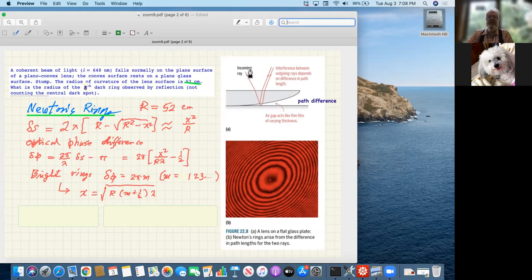Now, we're really going to consider incident light perpendicular to the flat surface of the lens. That's not what the diagram shows, but that's the simplest case. So the incoming light is perpendicular to the flat surface, and then the outgoing rays will also both be perpendicular and interfering.